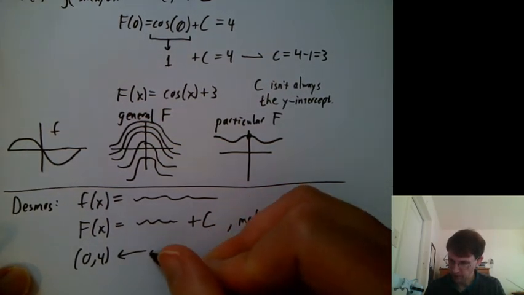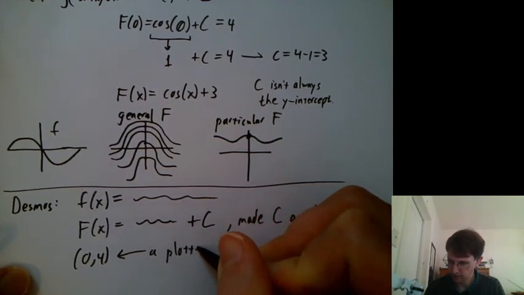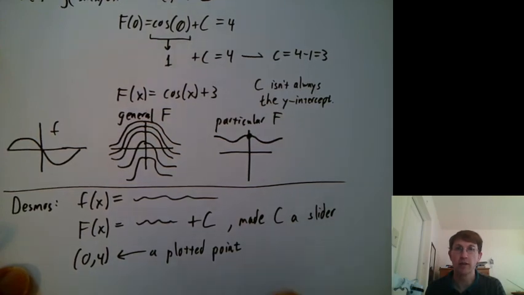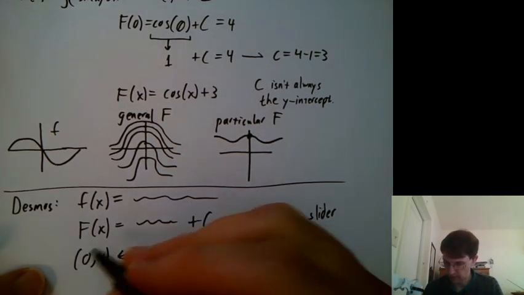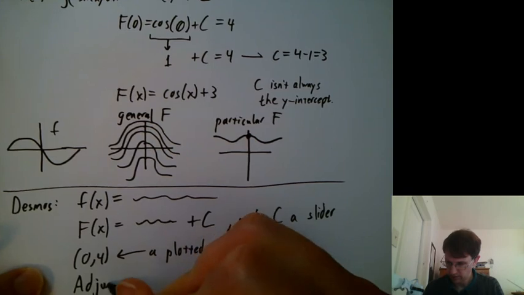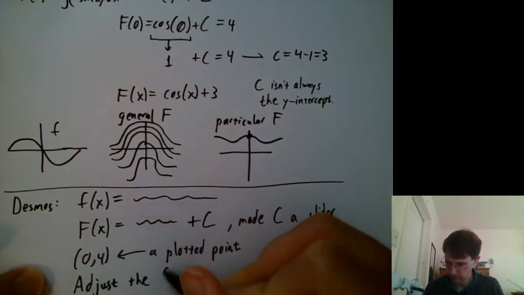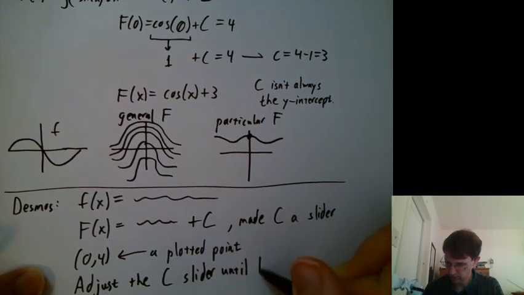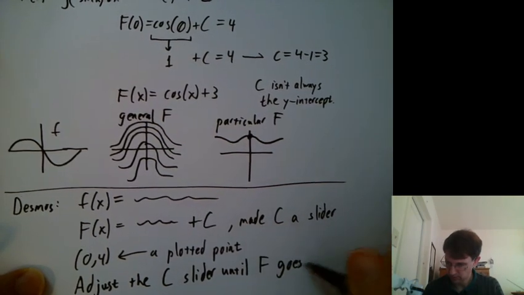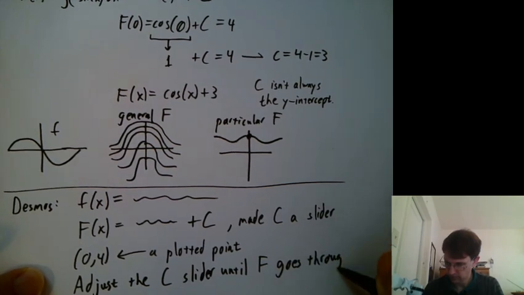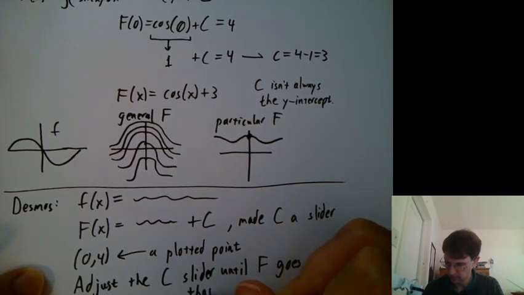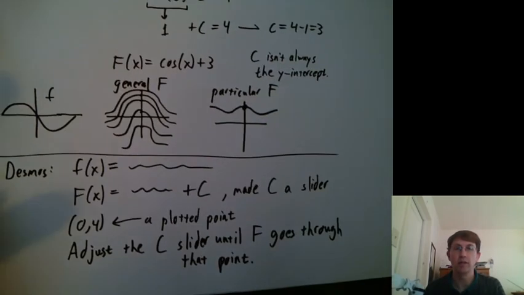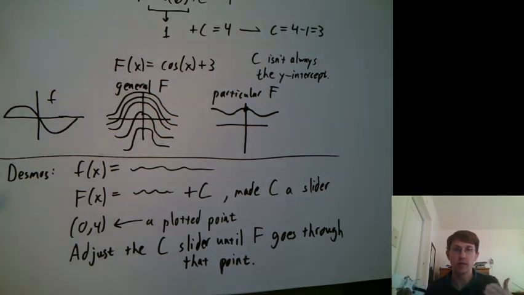So that's a plotted point. And then we adjust the c slider until big F goes through that point. And you might even need to adjust the range of c so you can make c bigger.